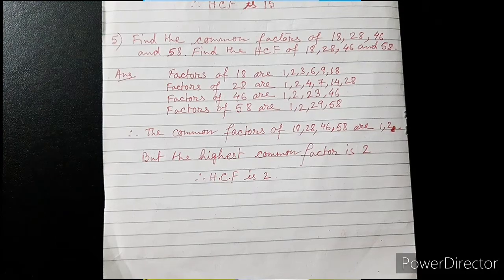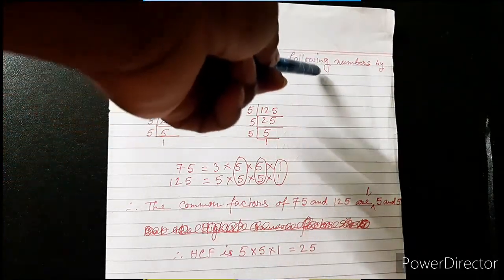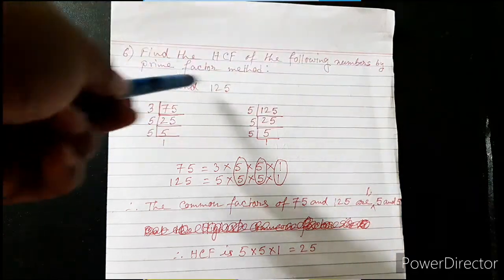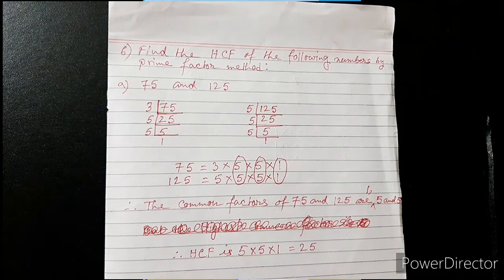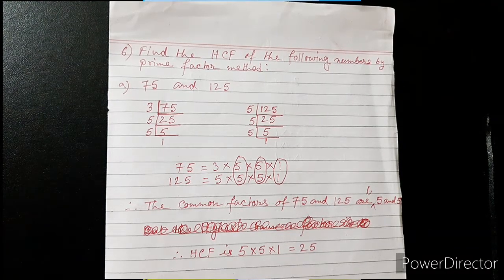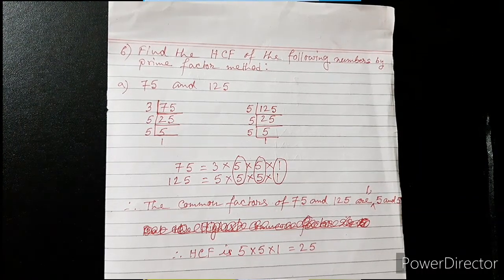Next sum. Sum number 6. Find the HCF of the following numbers by prime factor method. In this sum, we follow the prime factor method. So, first we have to find the factors of 75 and 125 by the prime factorized method.